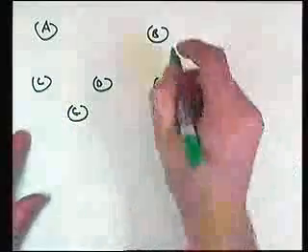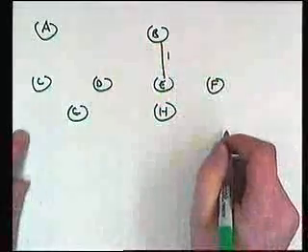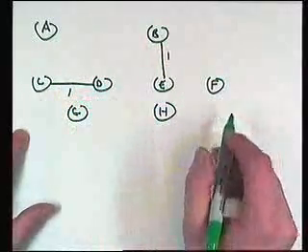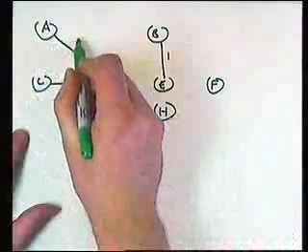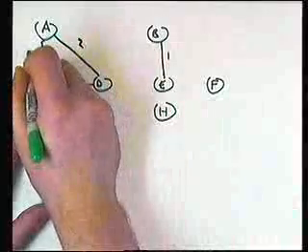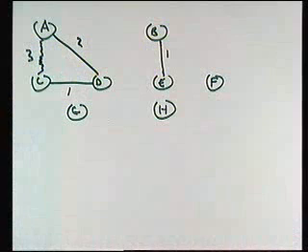The first edge we add is the B to E edge, and we say, does that cause a cycle? No, so we'll go ahead and add it. And then this is the next possible edge, does that cause a cycle? No. And this is the next possible edge, and that doesn't cause a cycle, so we'll add it. But then this edge of weight 3, which would be the fourth edge we consider, does cause a cycle, so we would not have added that.